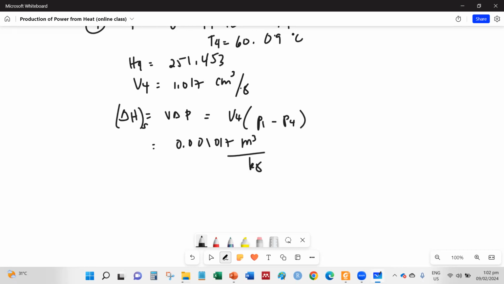This value is times 5,000 minus 20, in kilopascals, which is kilonewtons per meter squared. What happens there is it becomes kilonewton meter per kilogram, which is just kilojoules. So it is 5.0647 kilojoules per kilogram.